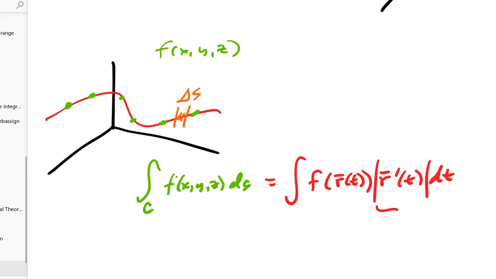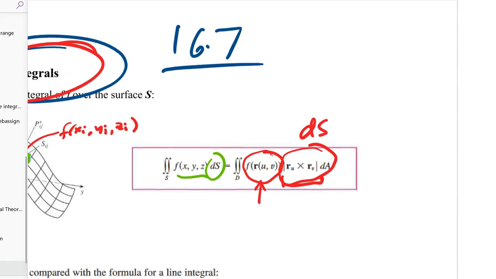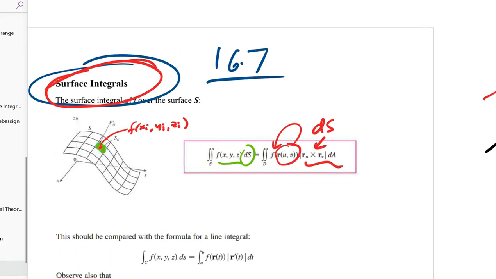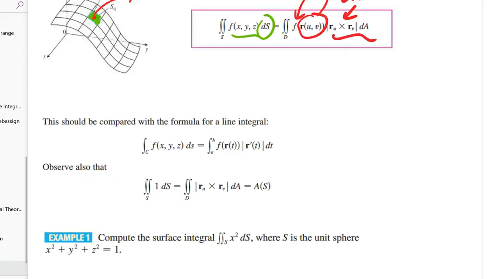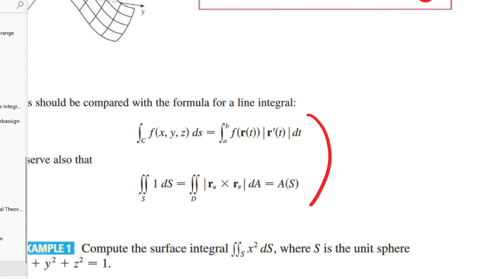That was the little ds piece, and now this here is the dS piece. So you're basically plugging your parameterization of your surface into your function to perform this double integral. And that's actually what they're saying right here. Compare these two, they're very similar.